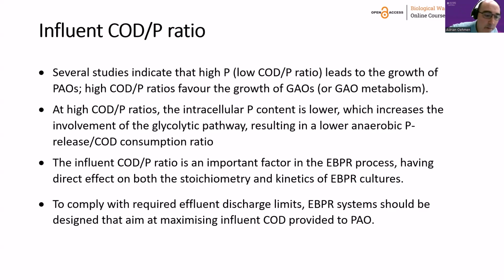Oftentimes that influent COD is limited, and in those types of situations, it can be very important to try to drive that POW-like metabolism. So through the growth of POWs and that P release and uptake metabolism, designing and aiming for that is an important objective operationally speaking. And so the COD to P ratio in the influent can have an impact on this.